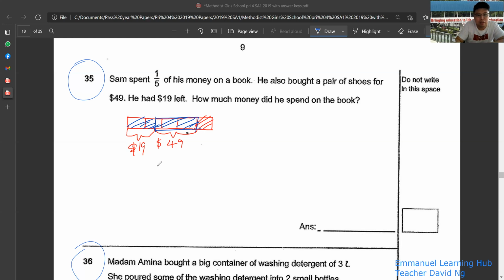Then can you tell me, this one is actually how many units? This one is actually 4 units, right? Because 1/5 is 1 unit spent on the book. So 4 units equal to how many? 19 plus 49. Can you see? So what is 19 plus 49?